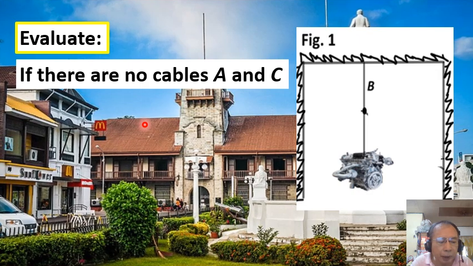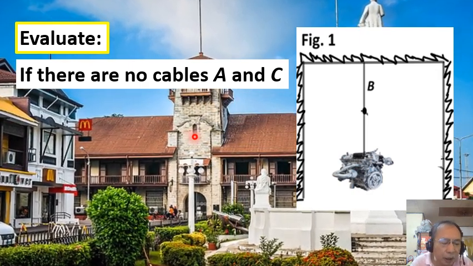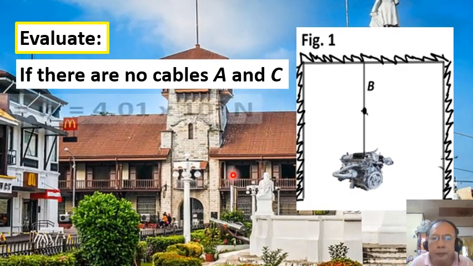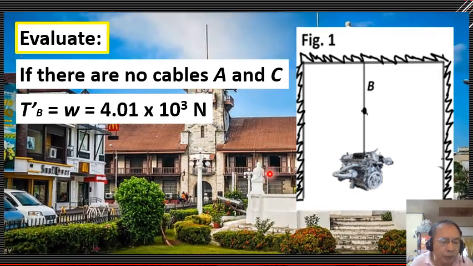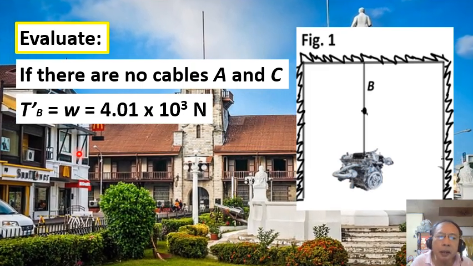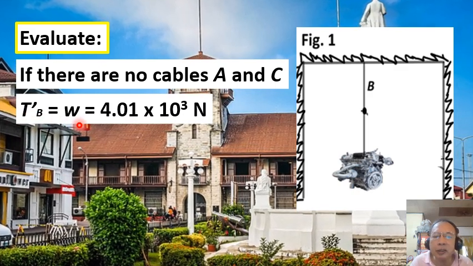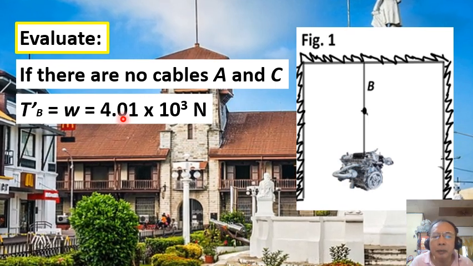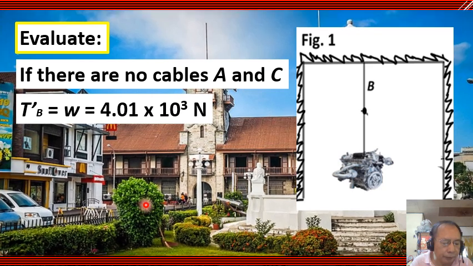If you notice in this problem, the two cables A and C actually are not necessary to keep the system in static equilibrium. In the absence of cables A and C, the tension in cable B, which we are going to label as TB prime, is just equal to the weight W of the engine, that is 4.01 times 10 to the third power newtons.